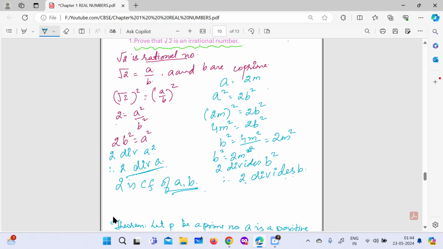So why has this contradiction arisen? This contradiction has arisen by considering root 2 as a rational number.